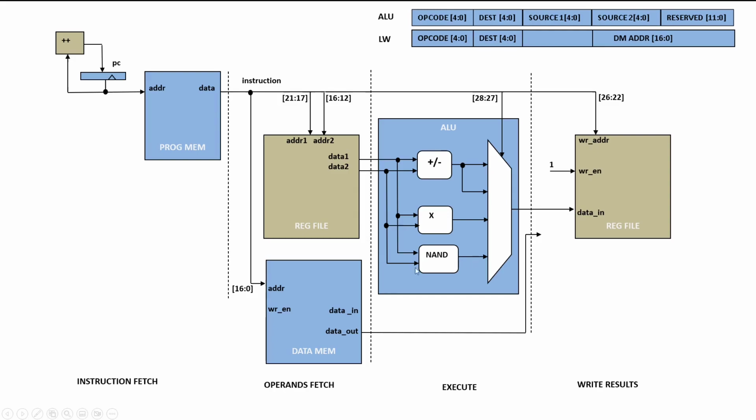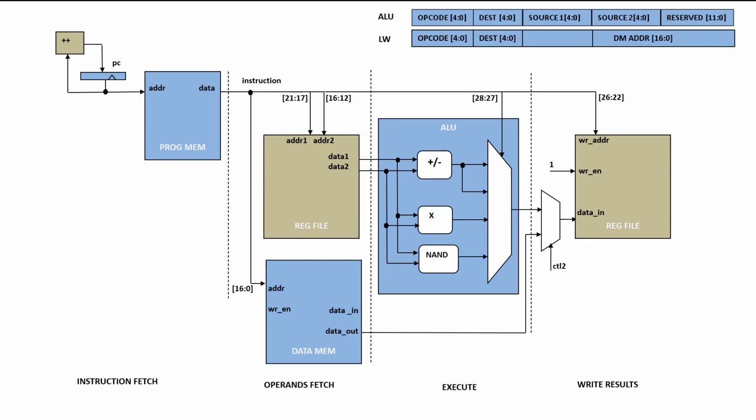But we also note that if the instruction is load word, then we are not using the ALU result, and if it's an ALU instruction, then we won't be using the load word side of things. So we can select between the two, and whenever we need to select between the two, we can add a multiplexer.